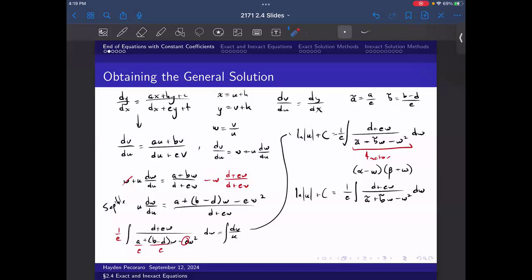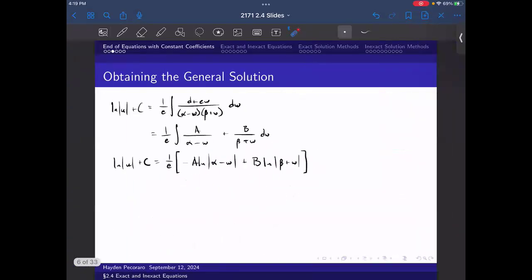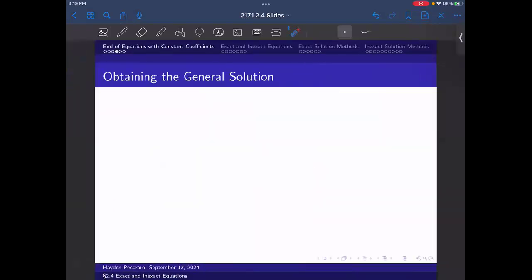We good? Okay. All right, so last is finding h and k. That comes from our differential equation, (ax + by + c) over (dx + ey + f).